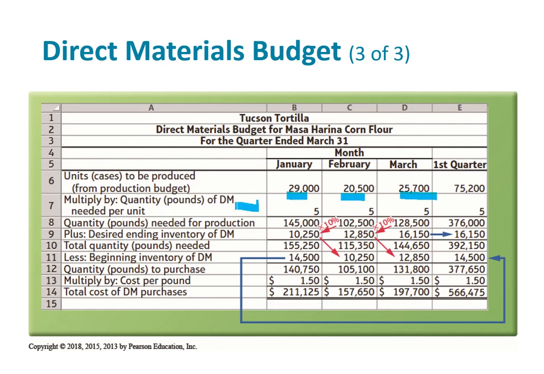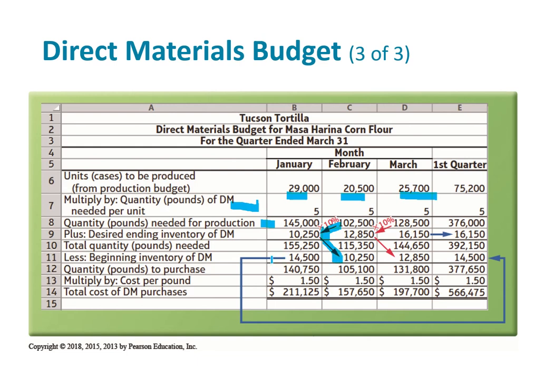All right, so notice we just carried these numbers over from the production budget. Step one, we multiplied each one by 5 because we want to get to this stage where we have the quantity of the direct material that's needed. Then we're going to add 10% of the quantity, or in this case, pounds for the next month. And then this is minus the beginning.